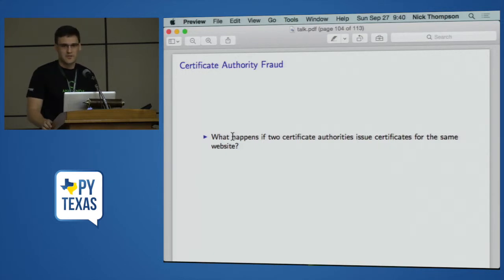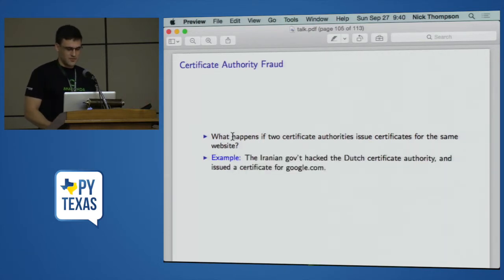What happens? Well, immediately, anybody who goes to whitehouse.gov and resolves to the Iranian Certificate Authority will have a trusted certificate that is then served by a server that is not the White House, right?